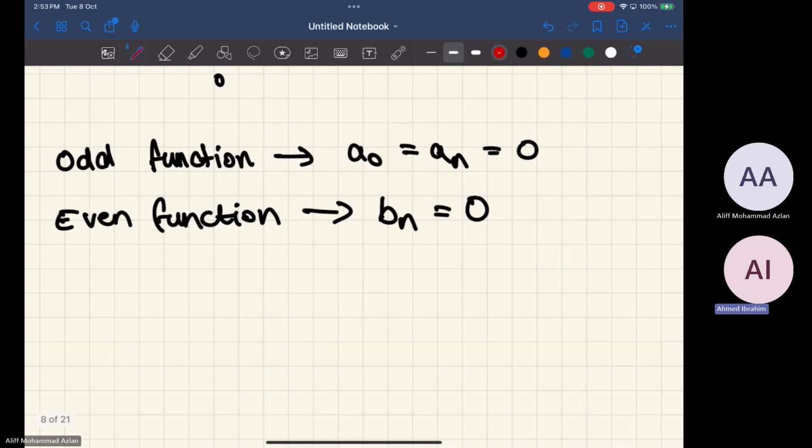Oh, for a naught? I think so. Let's check. They don't actually show you. It's just the average, right? It's 1 over T, and I was thinking, is it because you multiply it by 2?